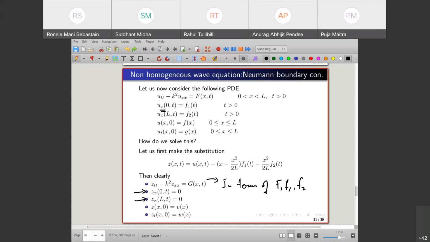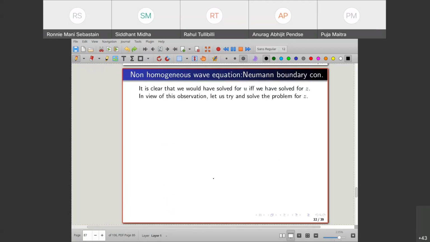So here we have a u_x, right? And then once again, guessing by looking at these two conditions, we should look for a series solution in terms of a cosine series.